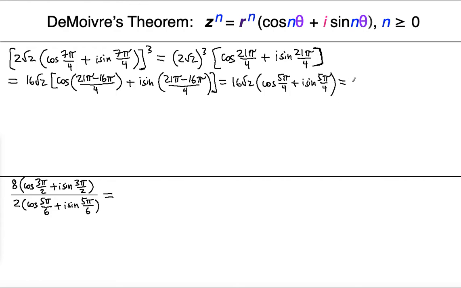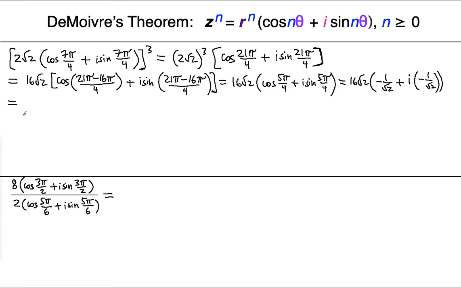So we know that cosine of 5 pi over 4 is exactly negative 1 over radical 2. And then plus i, we know sine of 5 pi over 4 is also going to be negative 1 over radical 2.